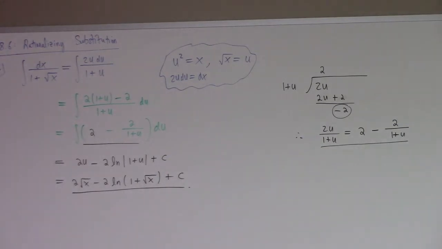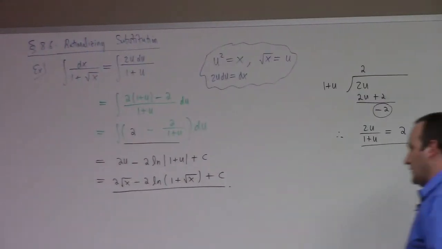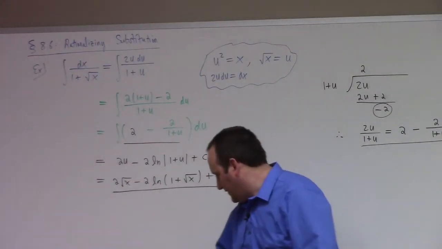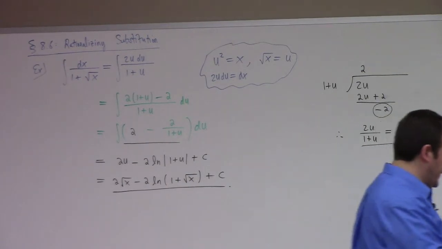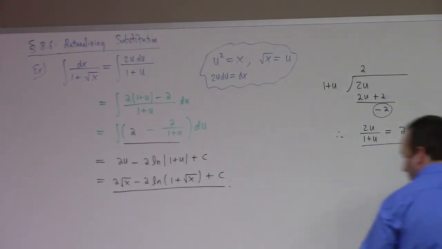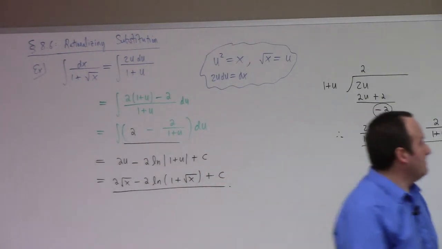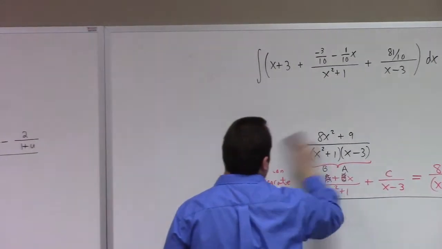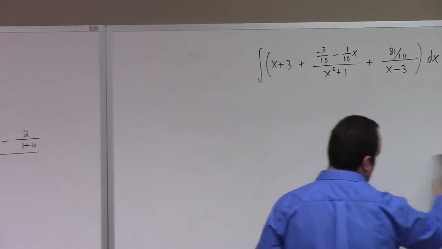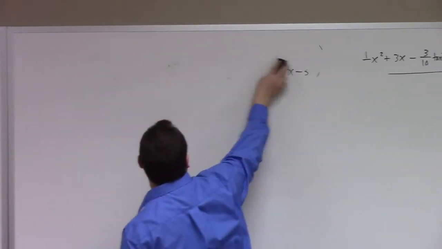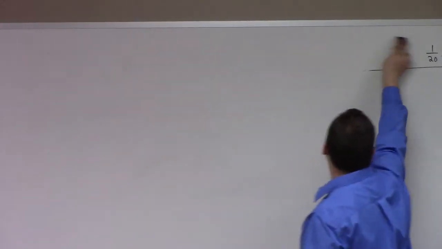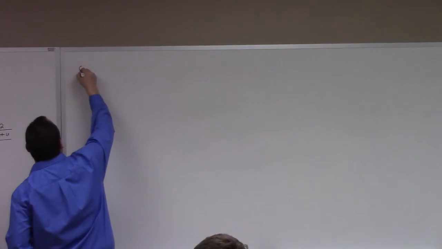This next example will give us more experience with long division and partial fractions, so it's a good one. Let's give you another idea about the kind of games we can play here.